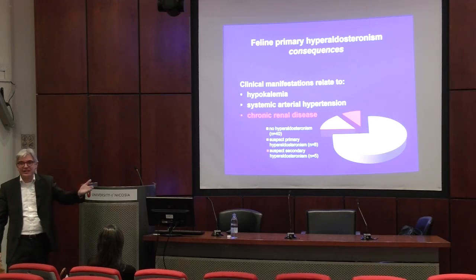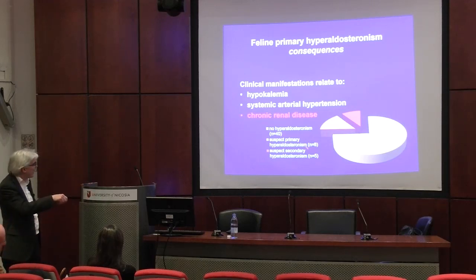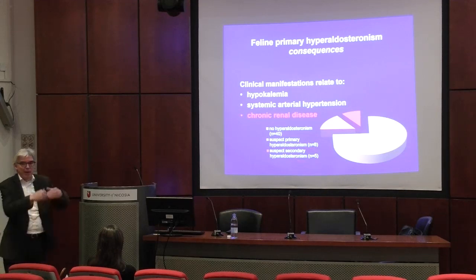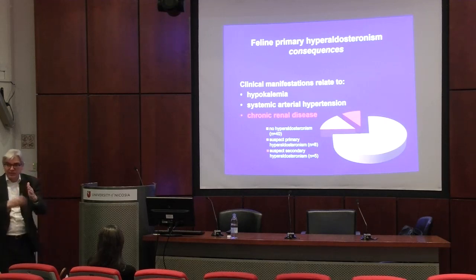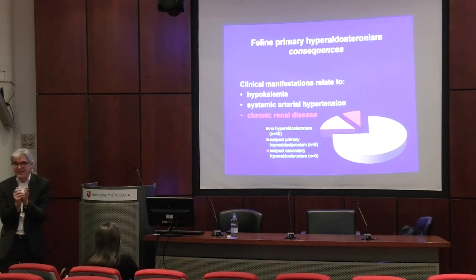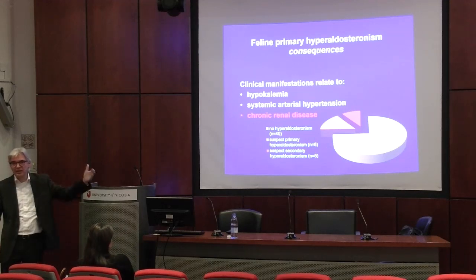So indicating that we are dealing with primary hyperaldosteronism. And in 5 of these cats, both renin and aldosterone were high. So it pointed to secondary hyperaldosteronism. Taken together, it means that in 25% of the cats with chronic kidney disease, something was wrong with the renin-angiotensin-aldosterone system, which is interesting information.